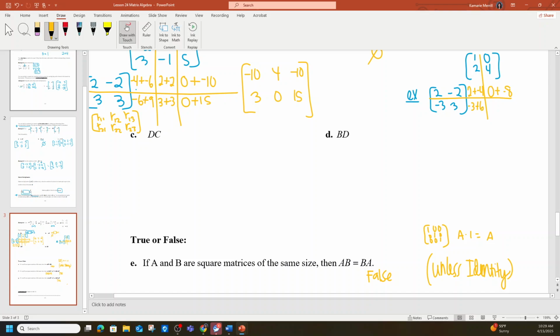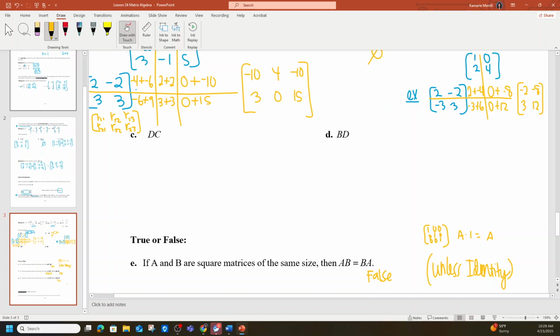Yep, -3 plus 6. You're seeing it. Okay, let's do row 2 and column 2. What do you guys get? 0 plus 12. Good. So let's look at what that gives us for our matrix. Do you guys get a -2, a -8? Do you guys get a 3 and a 12?